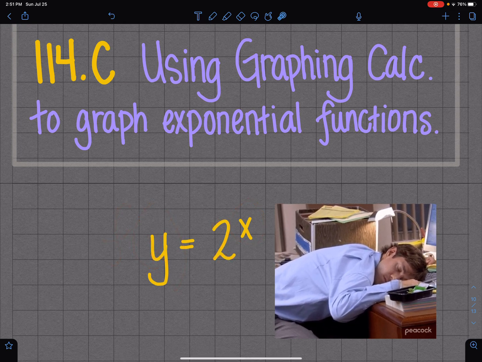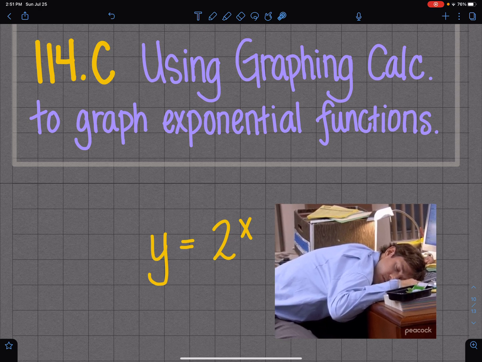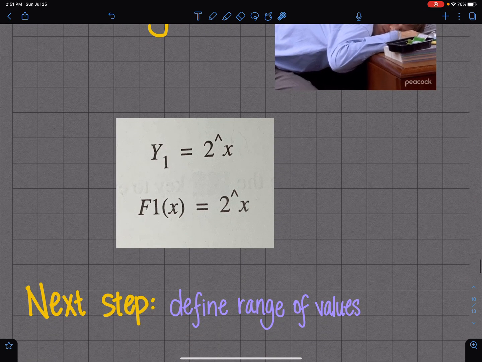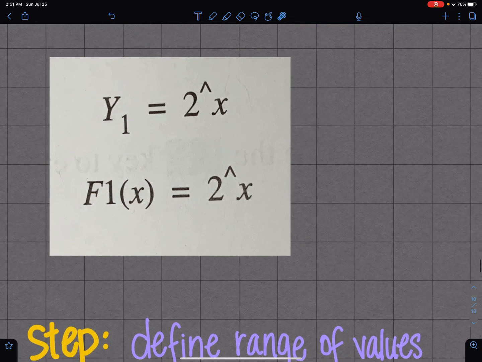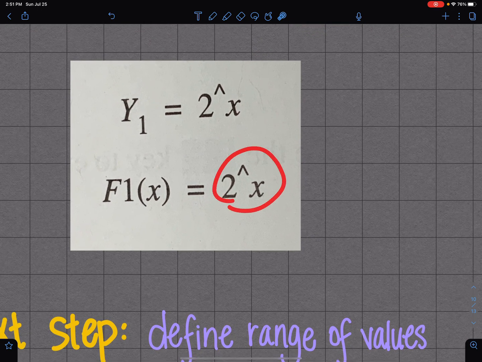So we're going to first enter the function into the calculator, okay? When you enter it in, it might look like this. F of x, function 1, is 2 raised to the x. This is what the caret means. It's raised to the exponent x. So you're going to have to play with your calculator a little bit and figure out how it's done.